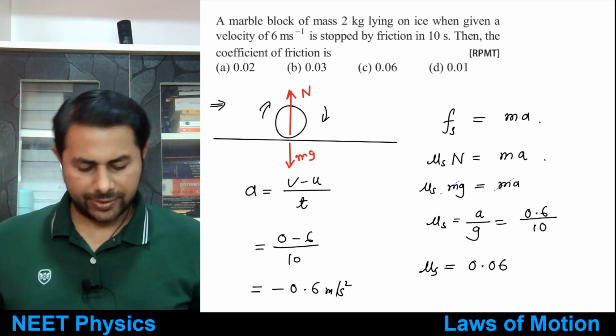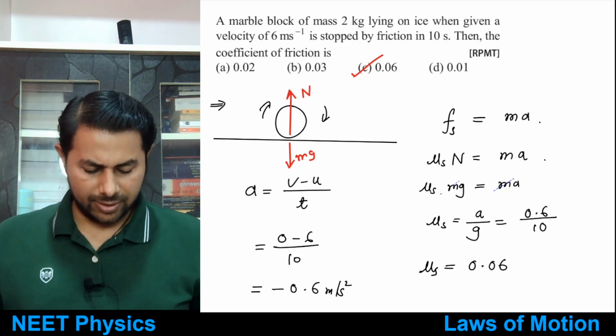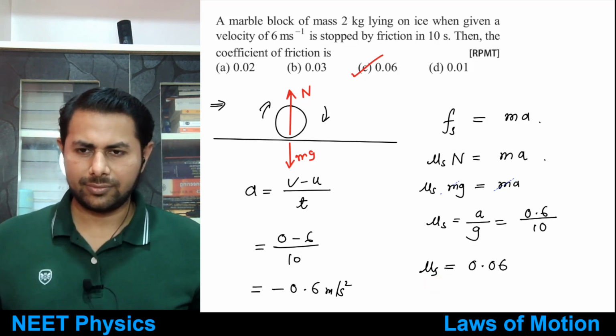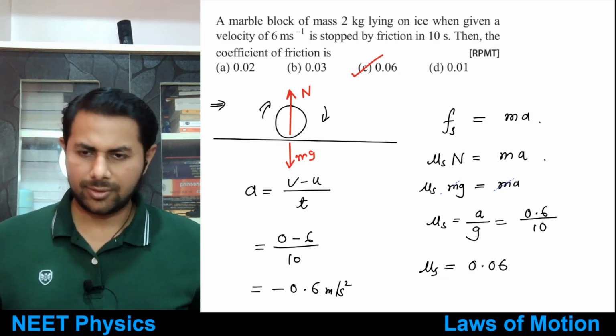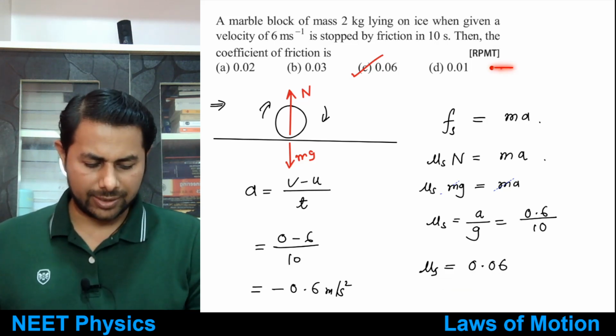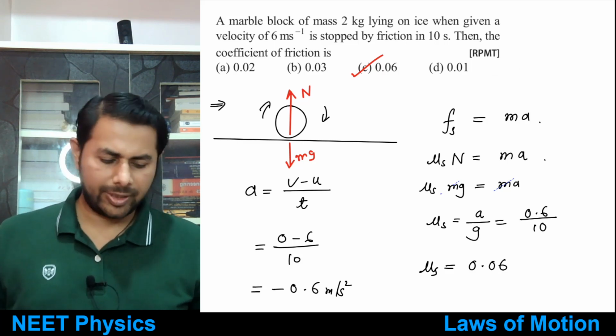So that is mu s, right? It's option C. So this one is clear? Yes, no? Okay, good. Now we'll stop at this point, and the remaining questions based on friction, next topic we'll see tomorrow.